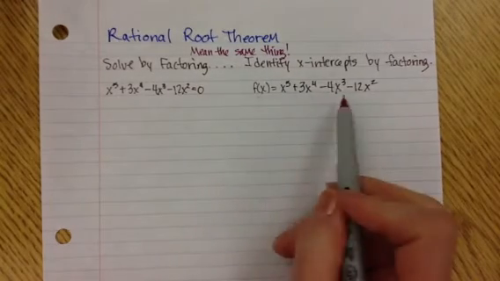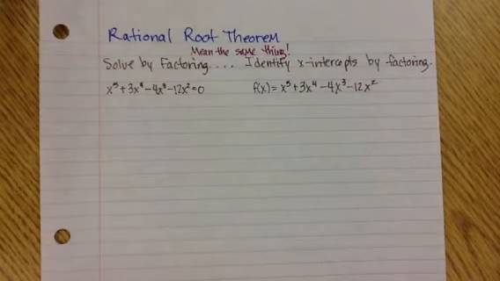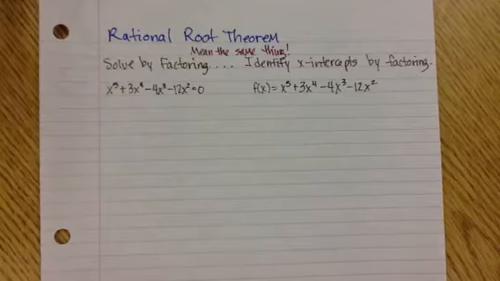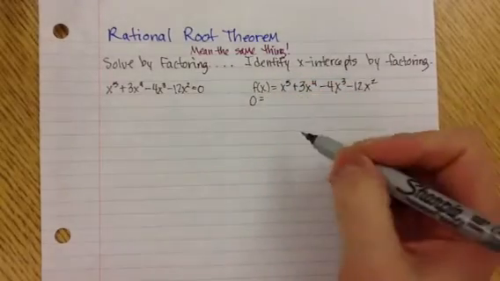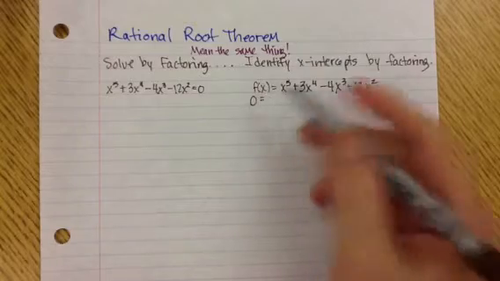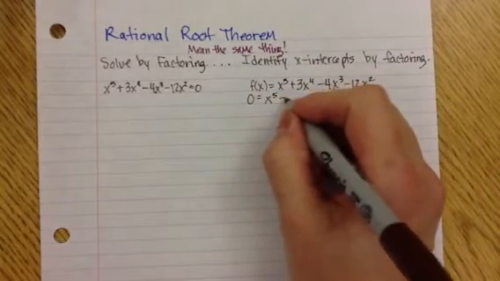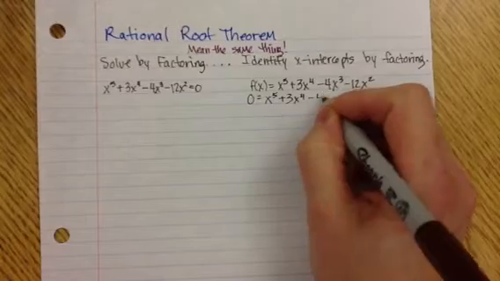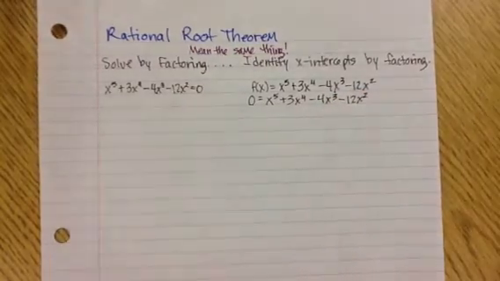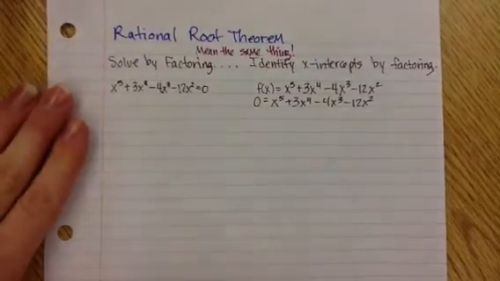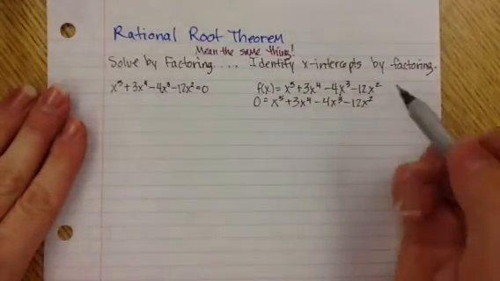So let's go through and find these x-intercepts by factoring. When we do that, our first step is actually to set 0 equal to y. So we're going to replace f of x with 0, and then we have the exact same equation as I have written on the left-hand side of the page over here to solve by factoring. The next step is going to be to actually start factoring.